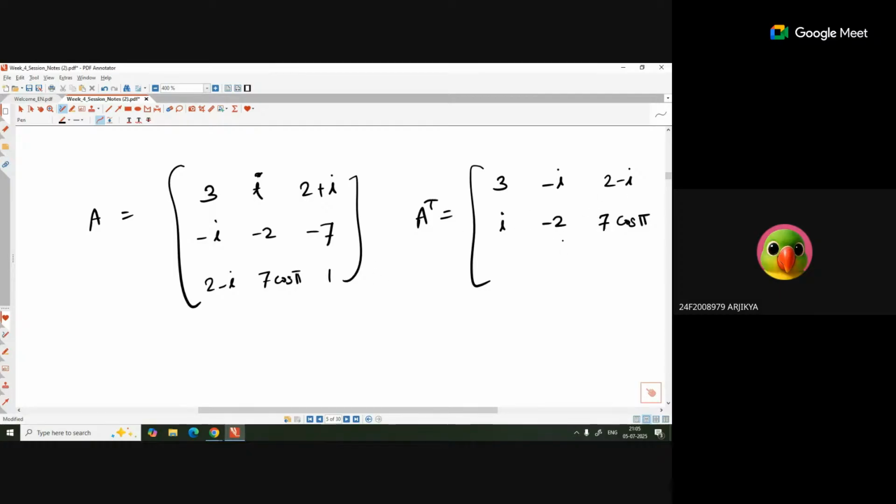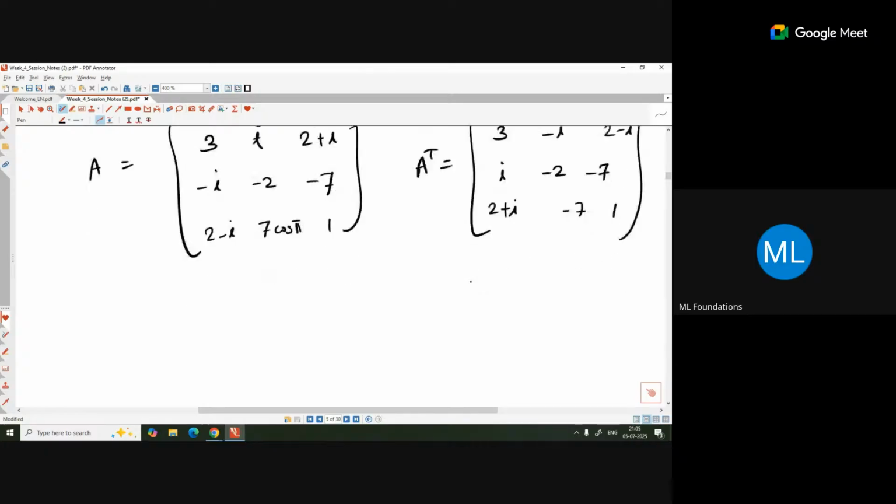So write it like that so that it simplifies. Okay, it's fine. Oh, sorry, I think there is some mistake. That row will become that, okay, that's correct. So it's 2 plus I, minus 7 and 1. This is A transpose.